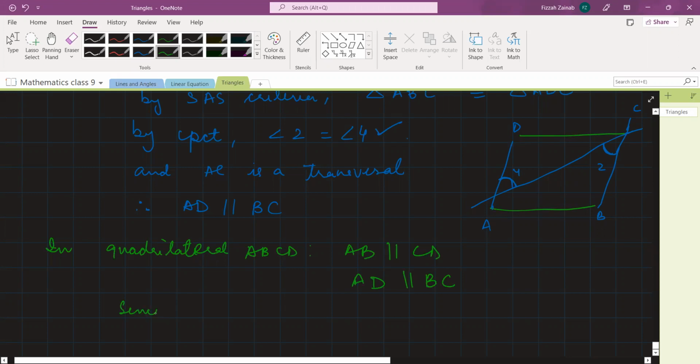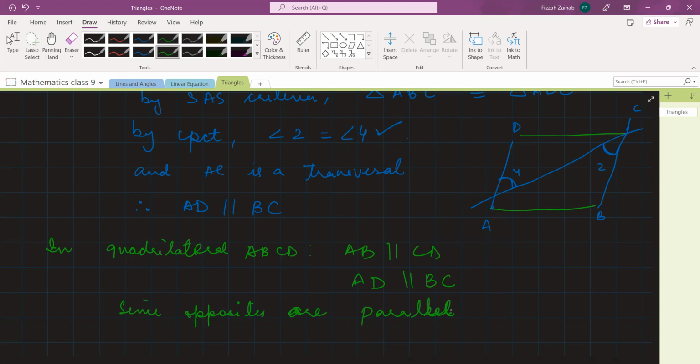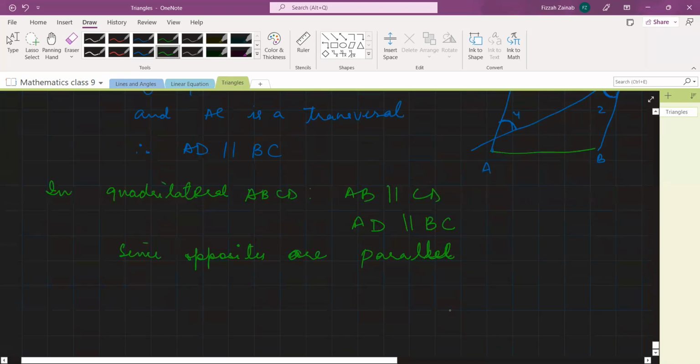Now since opposite sides are parallel, there's a theorem that in a parallelogram the opposite sides are parallel, right? So since opposite sides are parallel, therefore ABCD is a parallelogram.